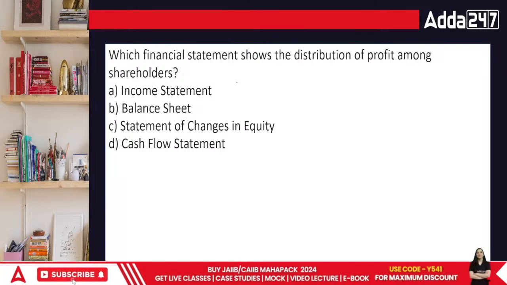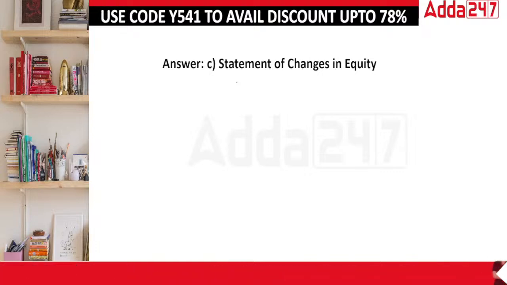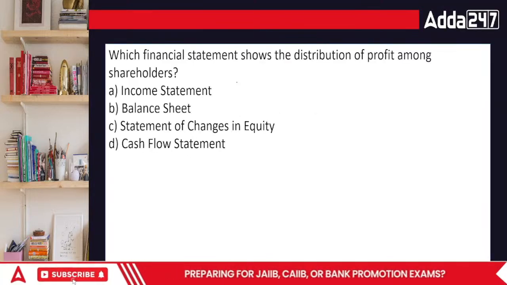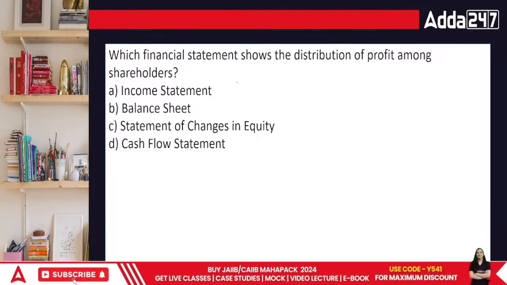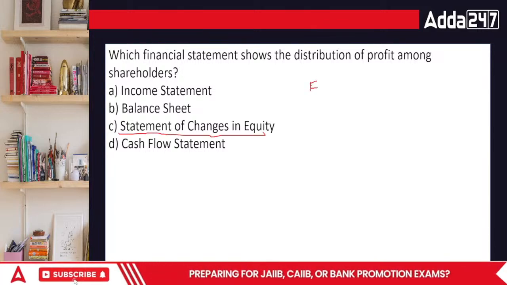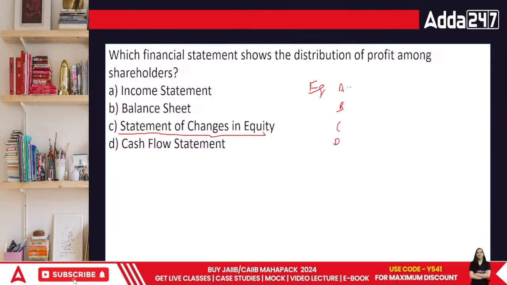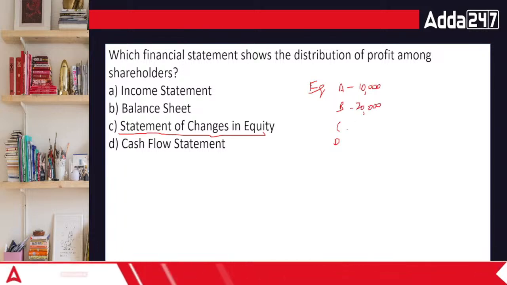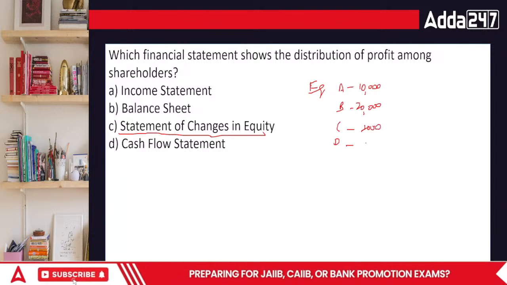There's only one thing, statement of changes in equity, which is the statement showing the distribution of profit among shareholders. If the number of shares held by people changes, for example, there are equity shareholders Mr. A, Mr. B, Mr. C, Mr. D. A had 10,000 shares, B had 20,000, C had 2,000, and D had 18,000.